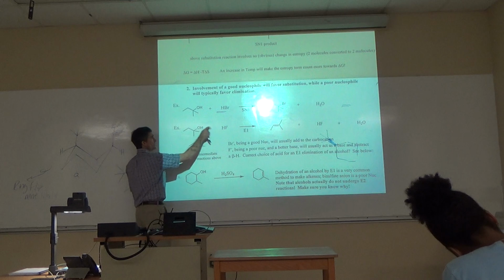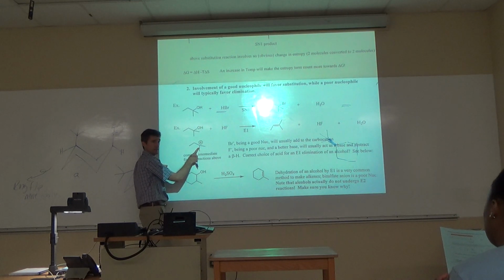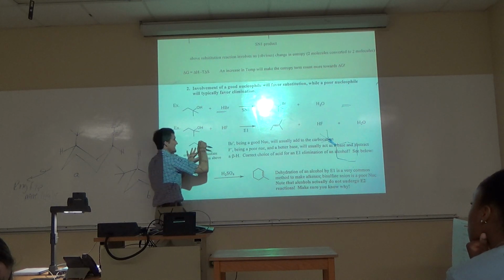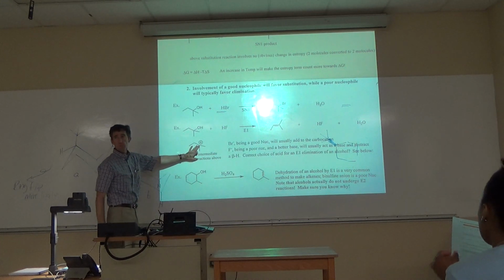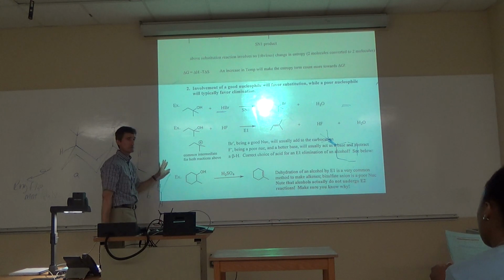Now, in both cases, we protonate the OH, and it leaves, and it makes this cation. The difference is, up here, Br minus attacks the cation, and this is an overall substitution product. The Br has replaced the OH. It's because Br is a pretty good nucleophile. It likes to add to carbons.